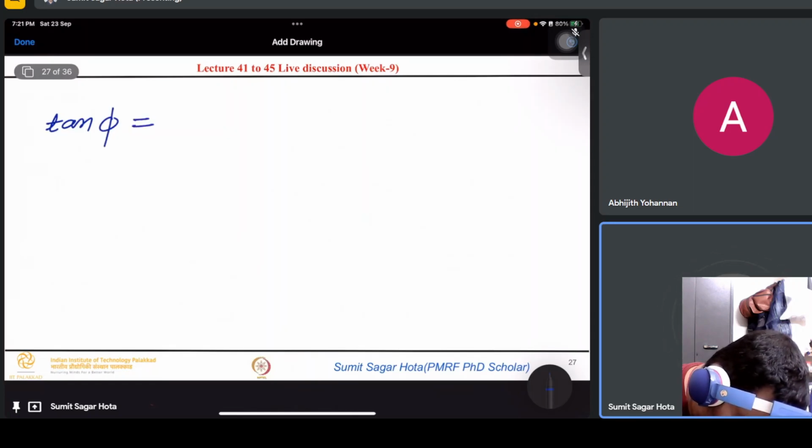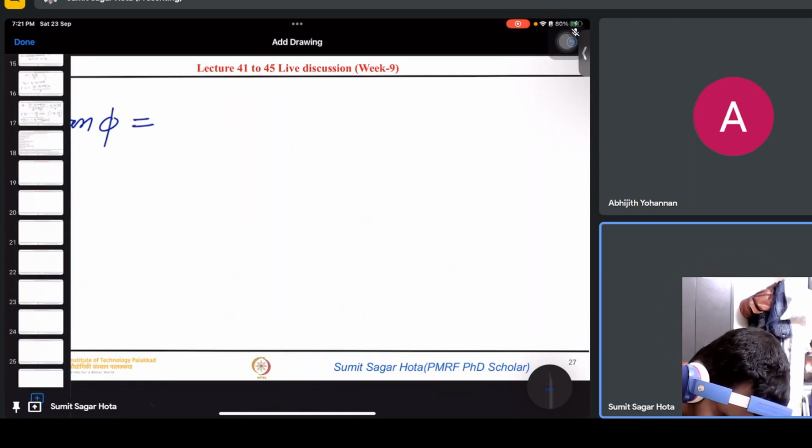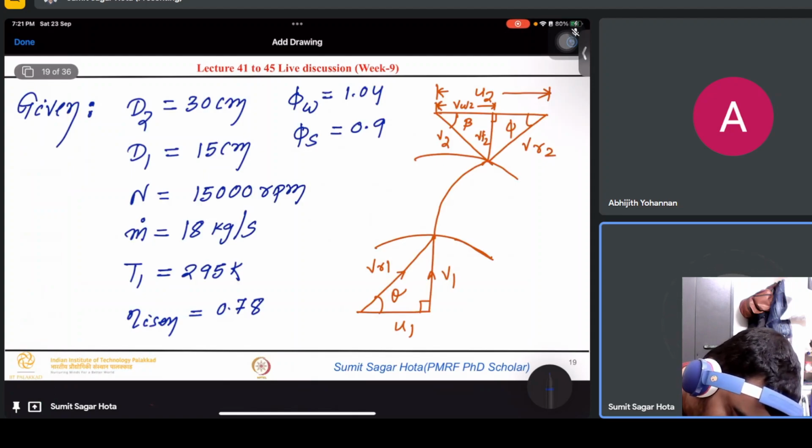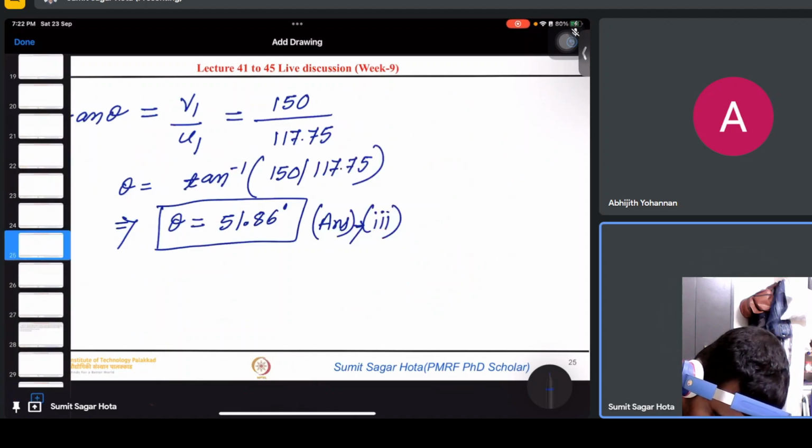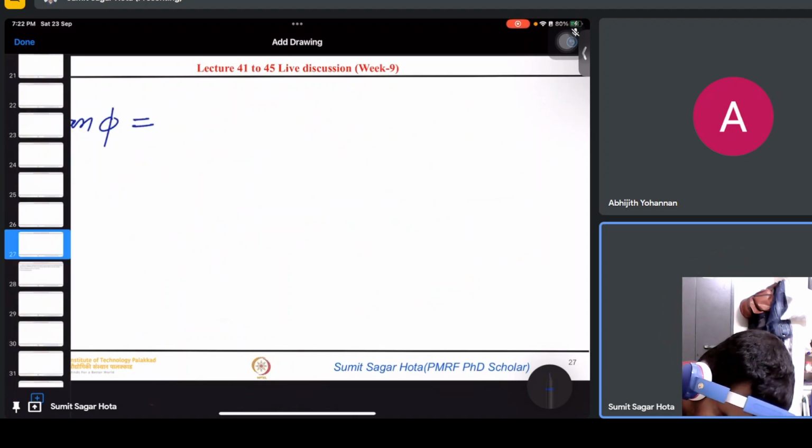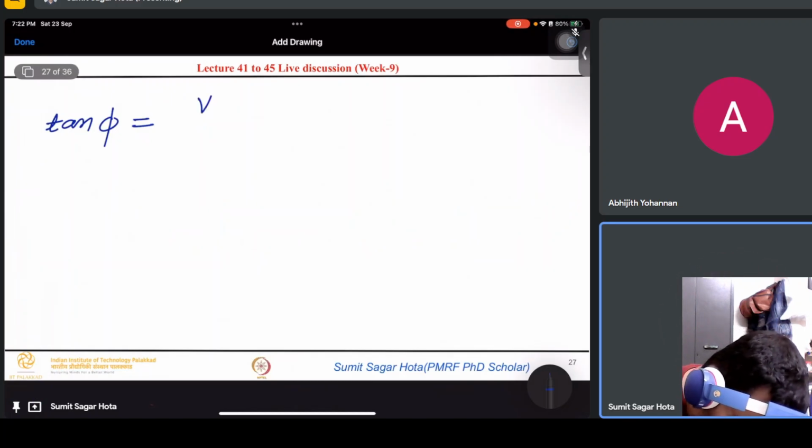Tan phi is equal to height, which is BF2, divided by U2 minus BW2. So tan phi is equal to BF2 divided by U2 minus BW2. That's the reason we need BW2 first, and that's the reason I found it from phi s.